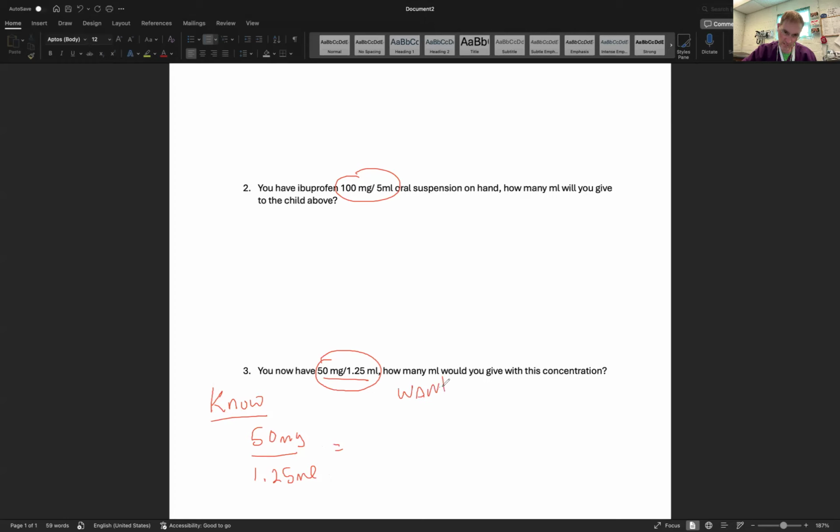Well, I want to give my patient 45.5 milligrams. That's the dose we calculated in part 1. And I want to know how many milliliters of that medication to give. So remember, cross multiply. 50 times x is 50x. So top to bottom and then bottom to top.